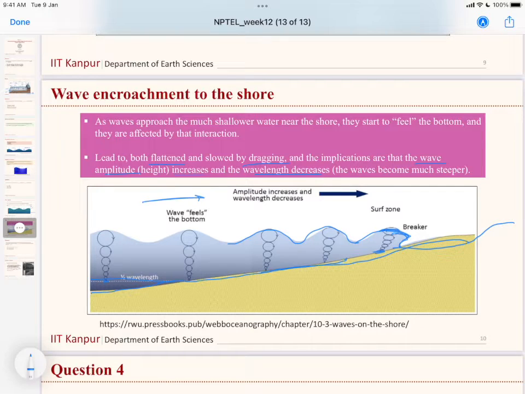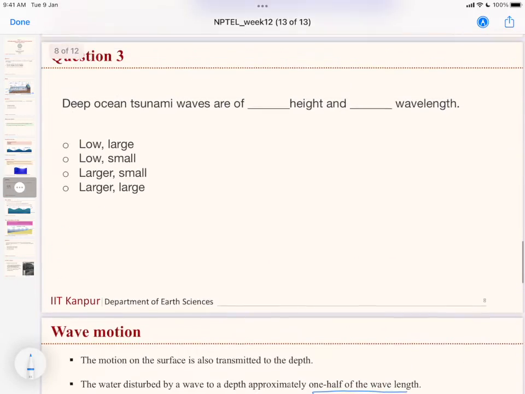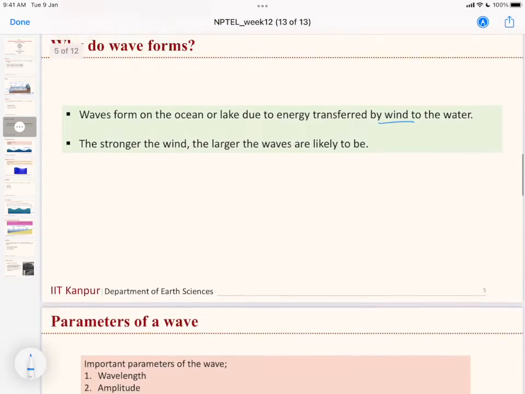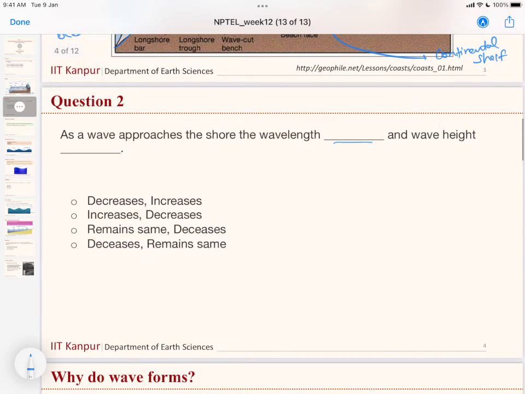Okay, clear. So we were dealing with the second question, which is that as a wave approaches the shore, the wavelength dash. So what happens to the wavelength? Yes, correct. Since the wavelength decreases, why does it decrease?